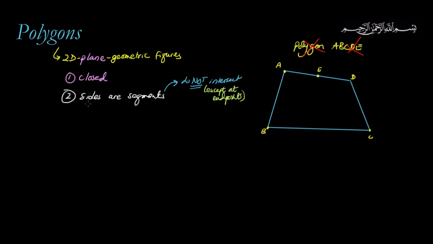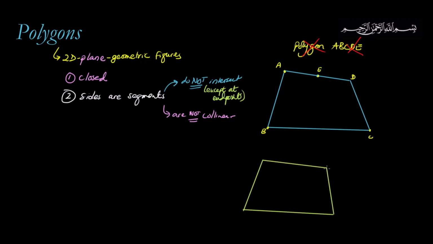That is, these sides that are segments do not intersect each other, and the sides are not collinear. Okay? On the other hand, if I were to draw another polygon over here like this, let me draw this over here.